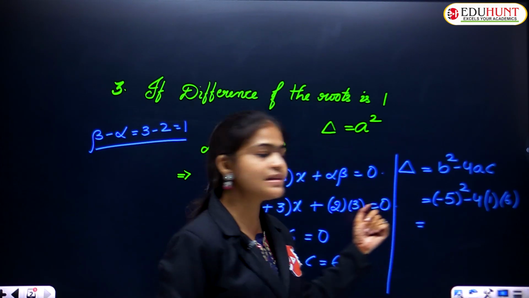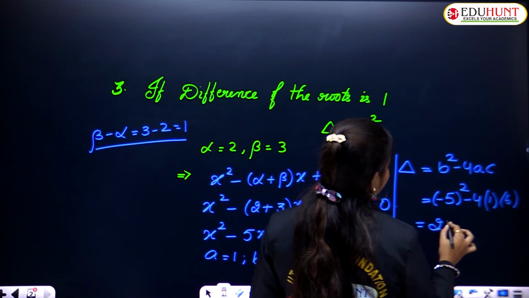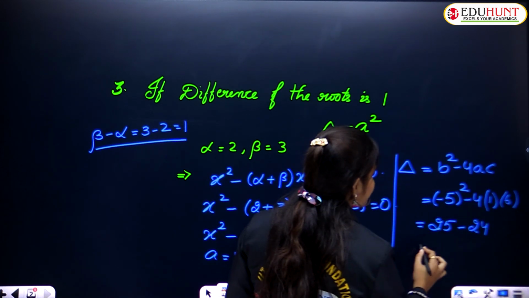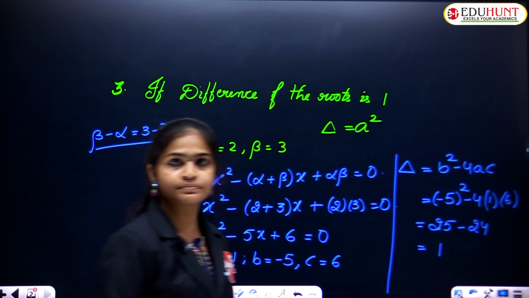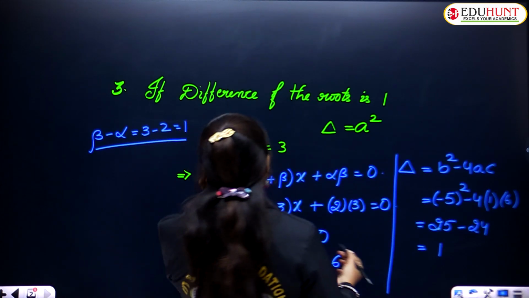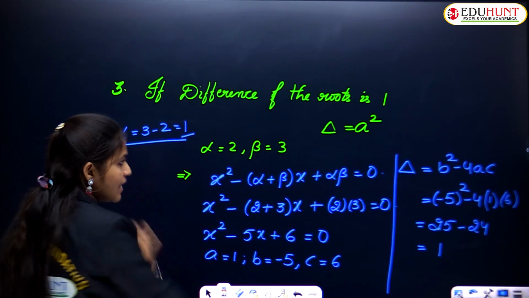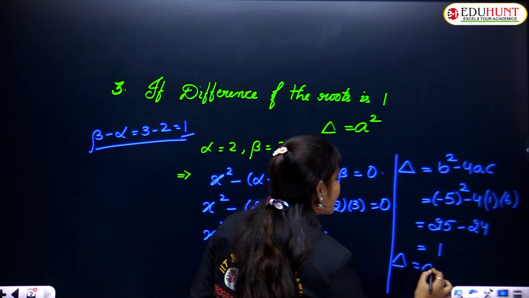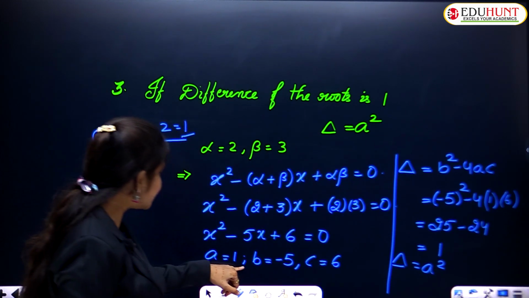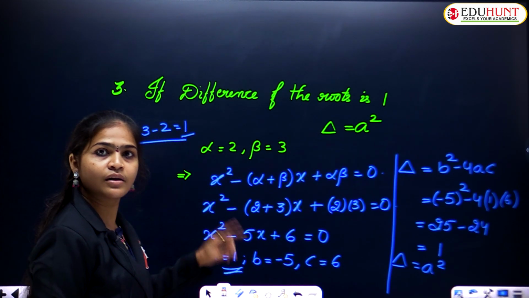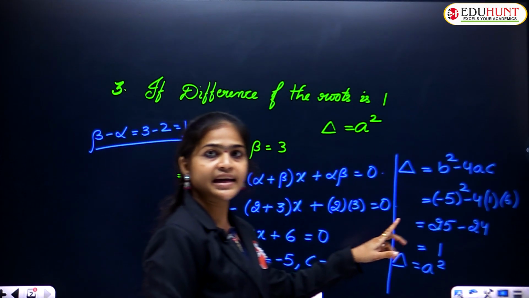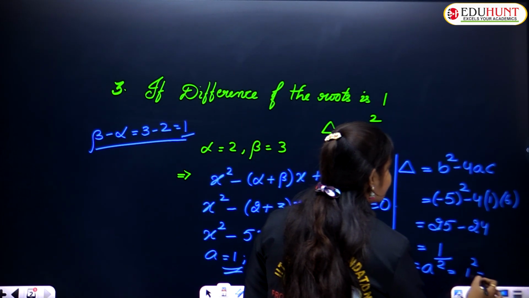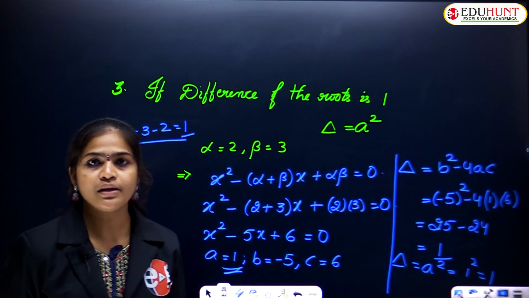Minus 5 whole square is 25, and 4 into 6 is 24. So 25 minus 24 is equal to 1. Am I clear to you? If the difference between the two roots is 1, then they are saying delta is equal to a square. What is the value of a here? It is 1, and 1 square is again 1. So the delta value is equal to a square only. Is it satisfied or not?